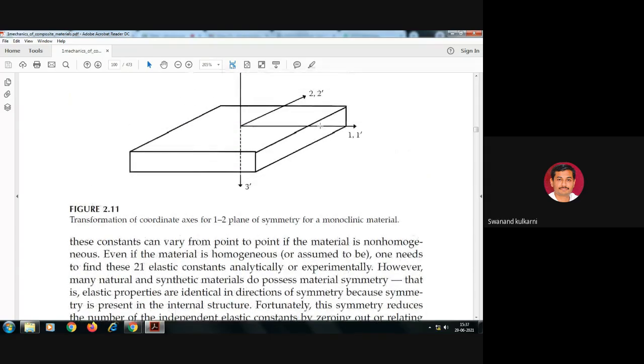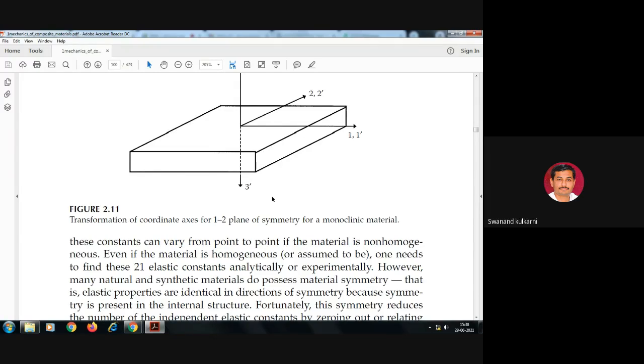Is it okay? So two things are different: isotropy and homogeneity, these two things are different. If the material is non-homogeneous, then point to point properties will change. But if the material is anisotropic and homogeneous, is it okay? We are making a combination of two things, isotropy and homogeneity.